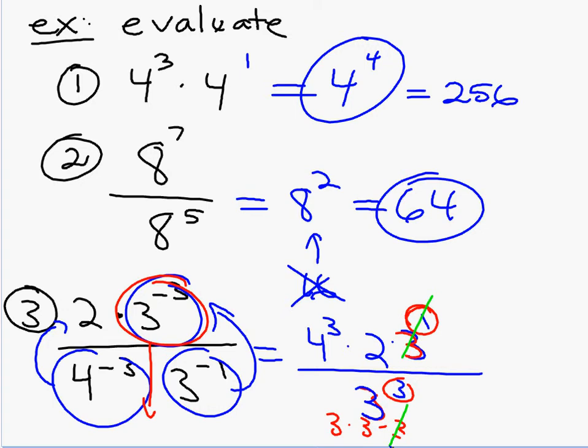And now there's no doubt of where the 3 times 3 stays. Where does the 3 times 3 stay? In the bottom, right? So now I have 4 to the third times 2 all over 3 to the second. And from there, now we're ready to use the calculator to find our final answer. All right? And I'll just leave that for you to do. You're good with calculator.